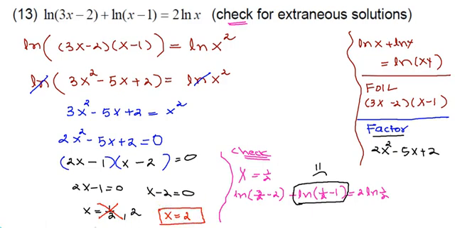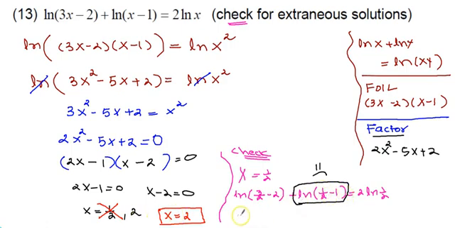You have already learned what extraneous is in the rational function unit. Extraneous means when you substitute the solution in the original equation and the original becomes undefined. In other words, party pooper. That's my bad solution. Now notice that 1/2 is a positive answer, but still it is a bad one because 1/2 minus 1 becomes negative half, and log of a negative number is not defined.